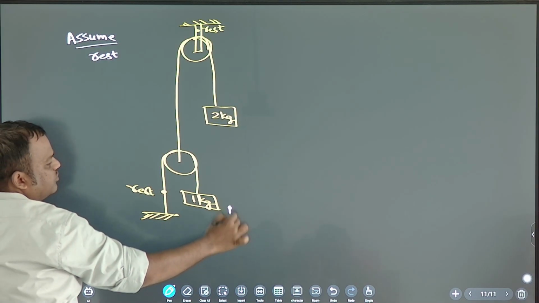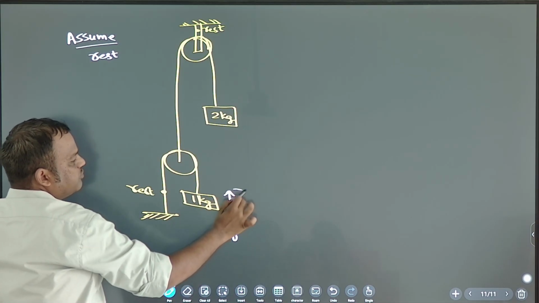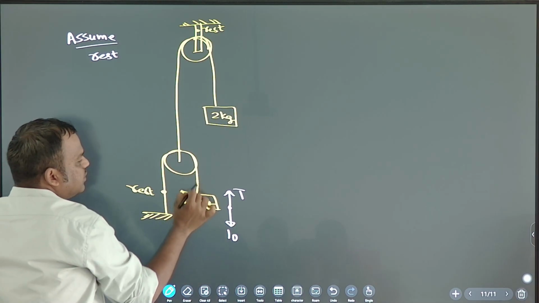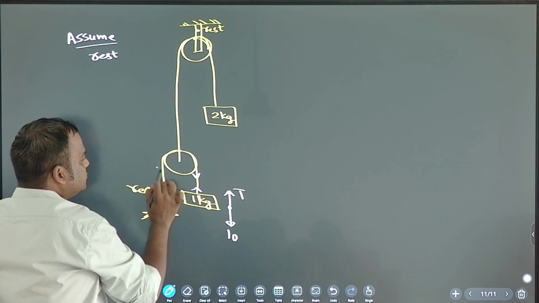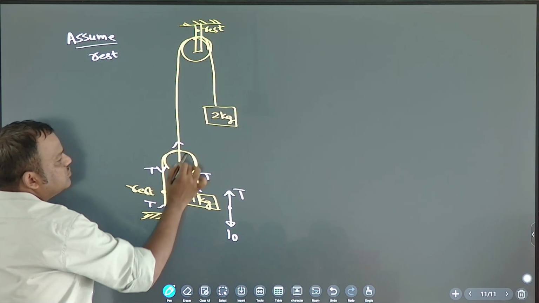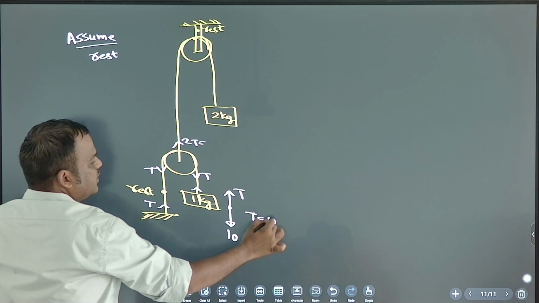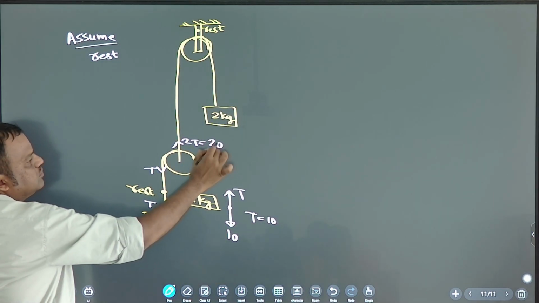If they are at rest, what is the downward force here? 10. And what is the upward force? T. Now here T, T, T, T. So what is the force here? 2T. 2T means, T is 10, so what is 2T? 20.